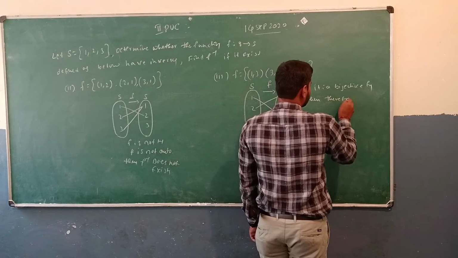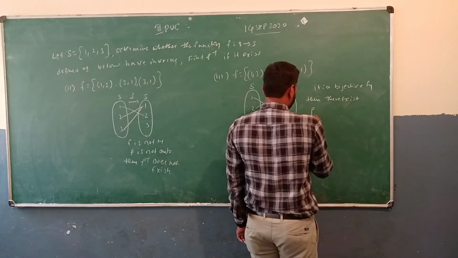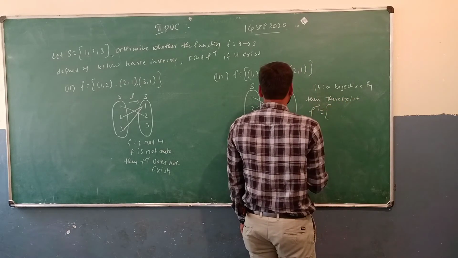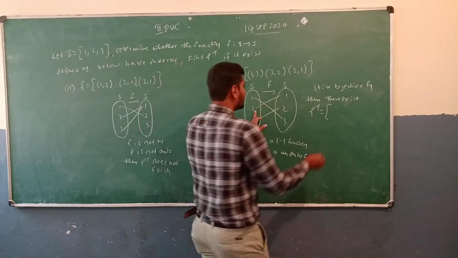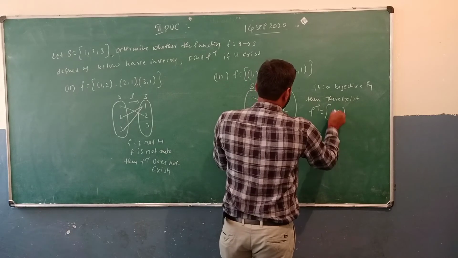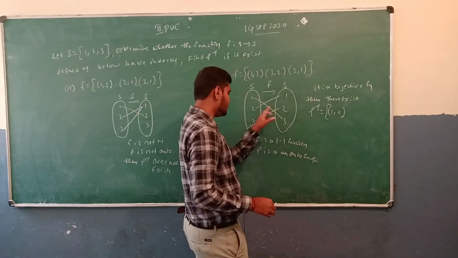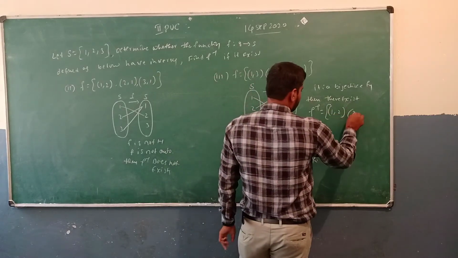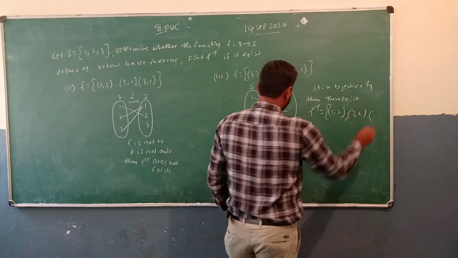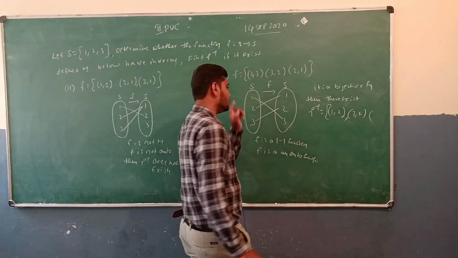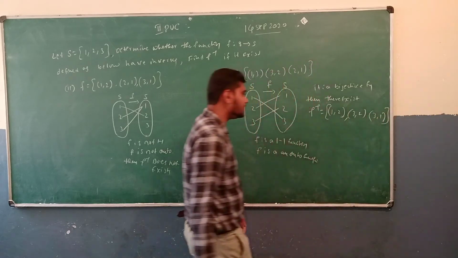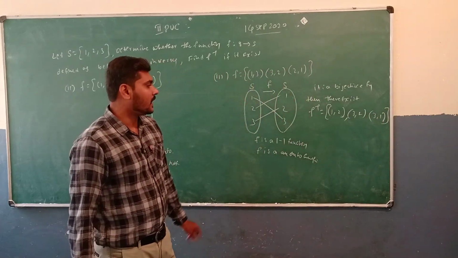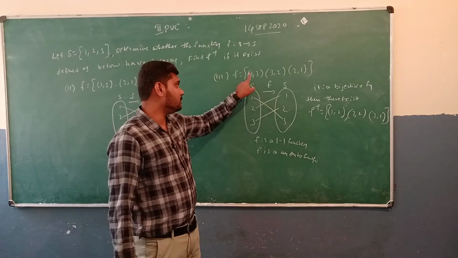Look, 1 has which image? 2, so we mention it as 1, 2. What about 2? Its pre-image is 3, so 3, 2. What is the image of 3? It is 1. So 3, 1. These are the elements which are present in the inverse of the function f.